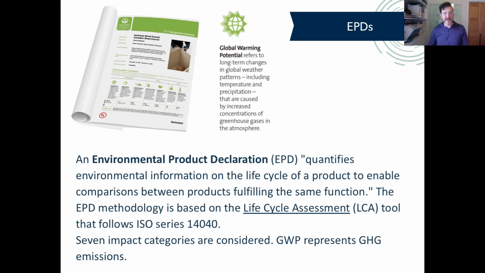and it actually looks at 7 different impact categories that those materials will have on the environment. So the global warming potential, which is the carbon numbers that we'll look at when we're thinking about greenhouse gas emissions, is just one piece of data that comes from an EPD. It tends to be the one that people really focus on, but if you are starting to look at EPDs, I would encourage you to look at the full range, because you'll see that ozone depletion and acidification and eutrophication and fossil fuel use are all built into there.